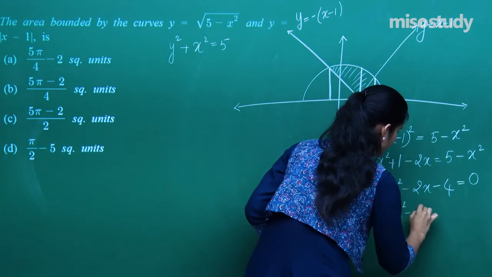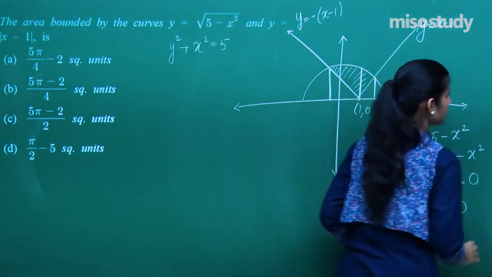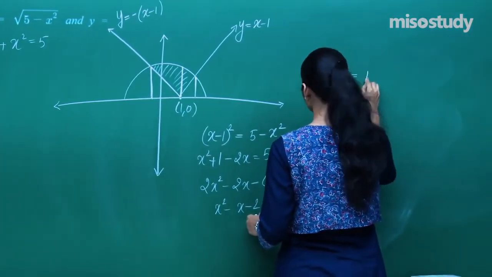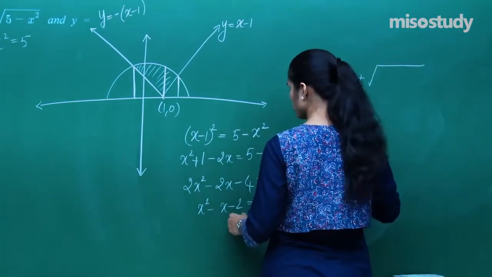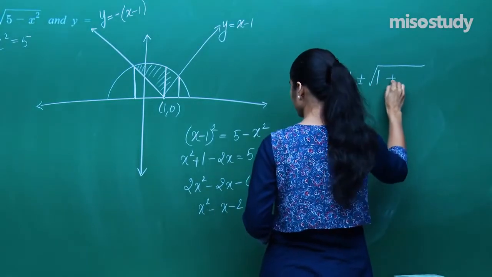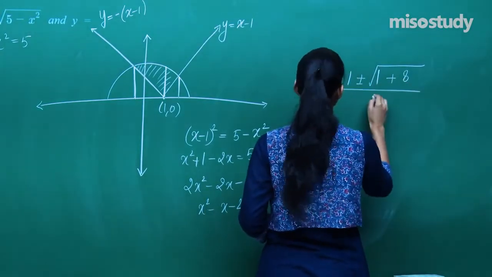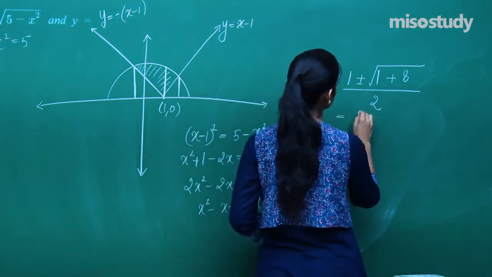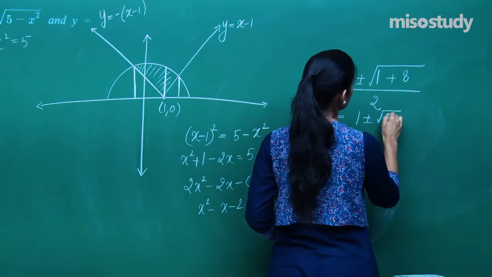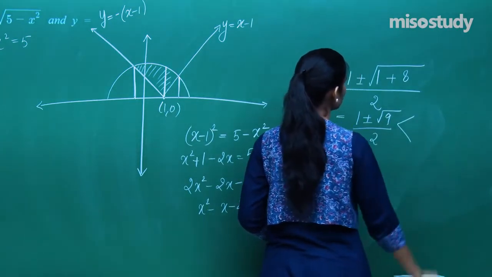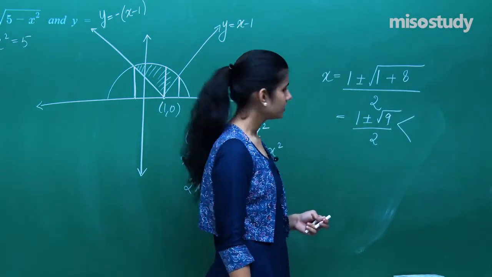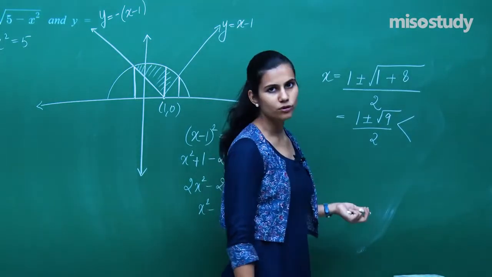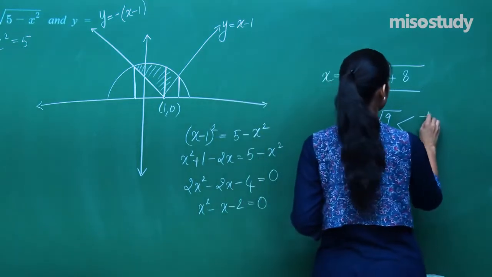So you get x square minus x minus 2 is 0. x is 1 plus minus root over 1 plus 8 upon 2. So this eventually gives you 1 plus minus root 9 upon 2, which is 1 plus 3, that is 4 upon 2, that is 2, and 1 minus 3 upon 2, that is minus 2 upon 2, that is minus 1.